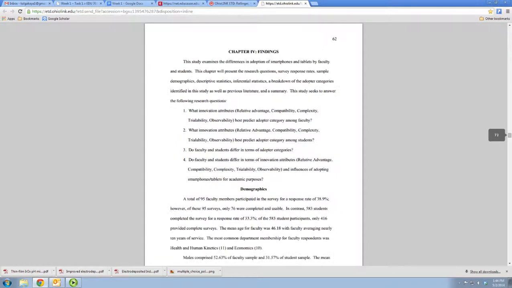Okay. Findings. So they talked about 95 faculty members. Response rate of 38. However, of those 176 were completed and usable. Okay, there are a lot of students.